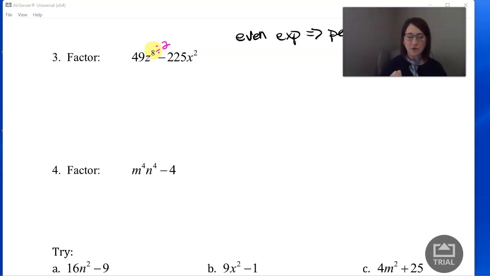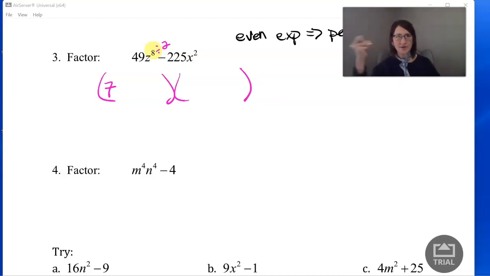So we're going to go ahead and set up our binomials. The square root of 49 is 7, because 7 squared equals 49. Now for that z, the root is z to the 4th. So we've got 7z to the 4th.